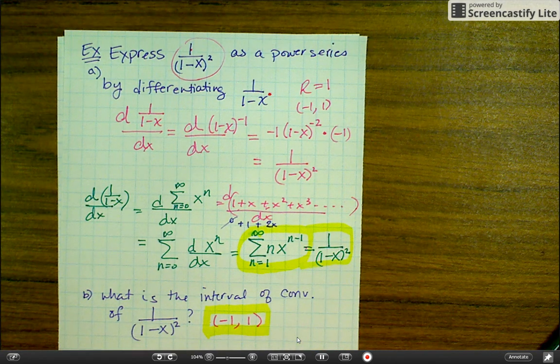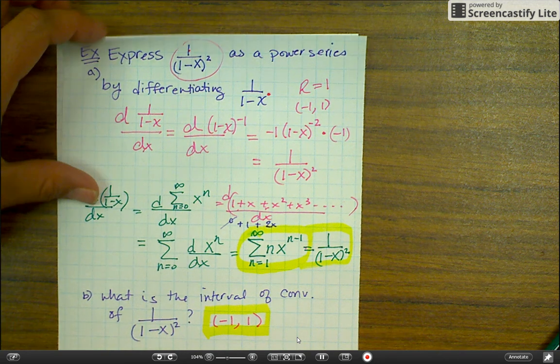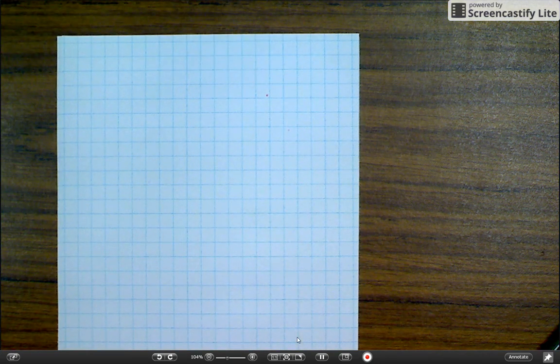Okay, so now the next, we did a derivative. Now let's do antiderivative.